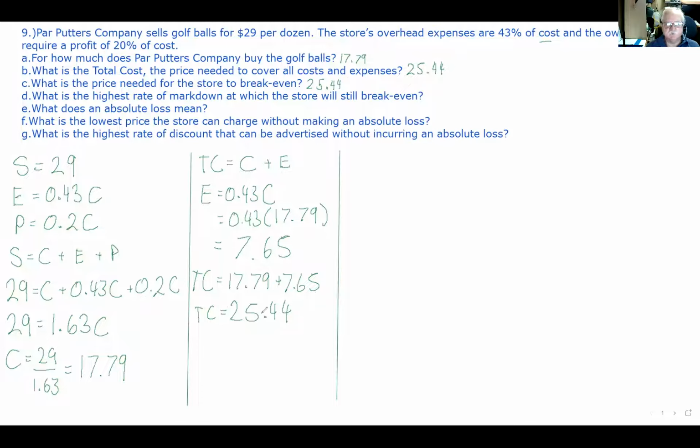So at break even, selling price equals total cost. So that's the price the store would need to charge to break even.